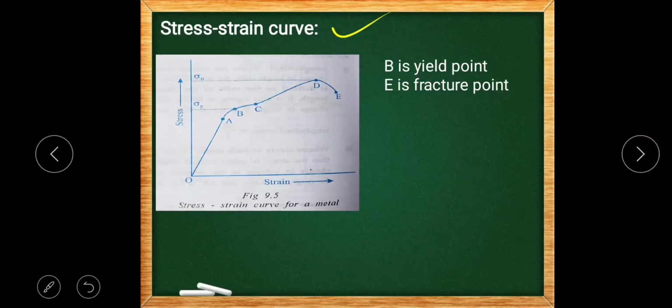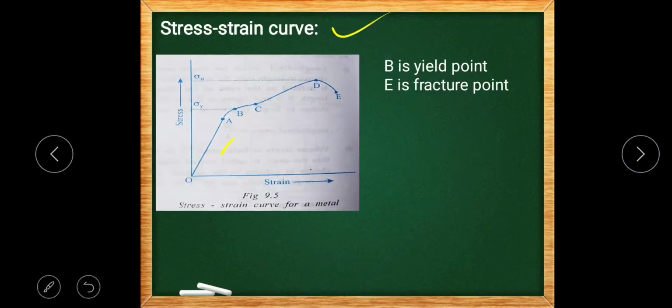So in this graph, the O represents the origin. The region between O to A, the curve is linear, or the curve is a straight line, which represents that stress is proportional to strain.